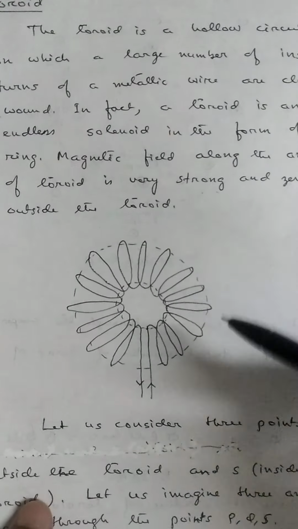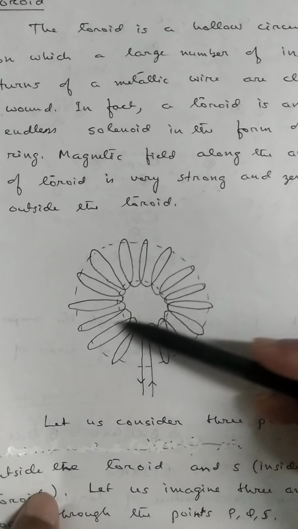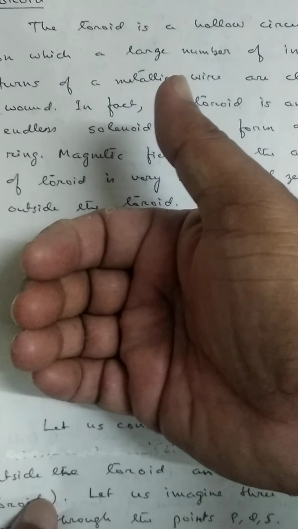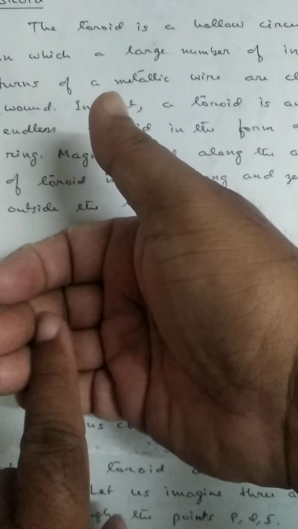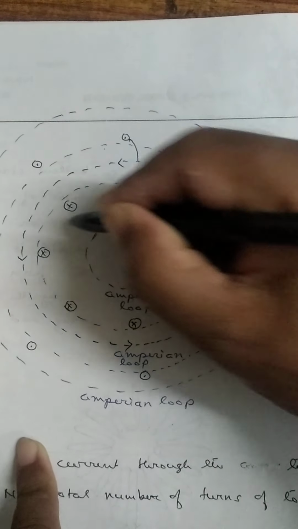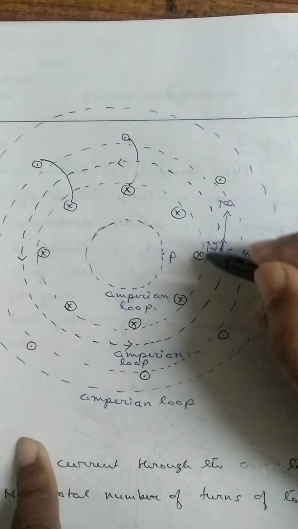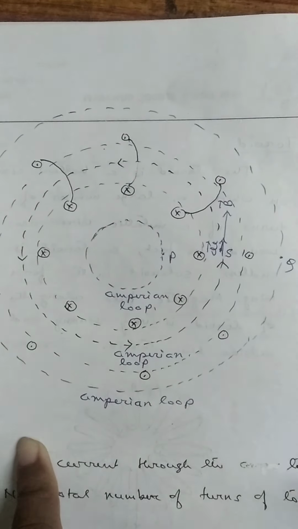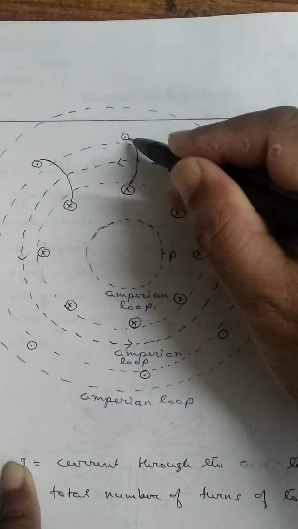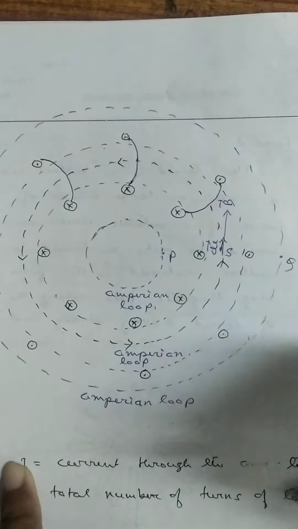That means if we cut the toroid along this plane, and along this plane, and the upper part is taken out, then we only obtain the lower part, and this is the lower part of the toroid. So this is one wire, and this is one wire. The cross means current enters through this wire, and dot means it is coming out.